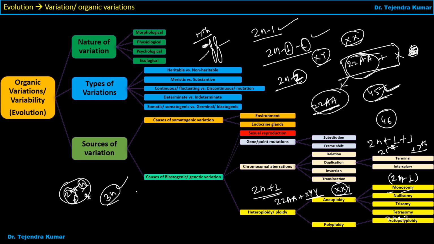Let's see this polyploidy. Actually this polyploidy is heteropolyploidy. Why? Because male and female are both different, so different genomes are crossing here, meaning adding here.